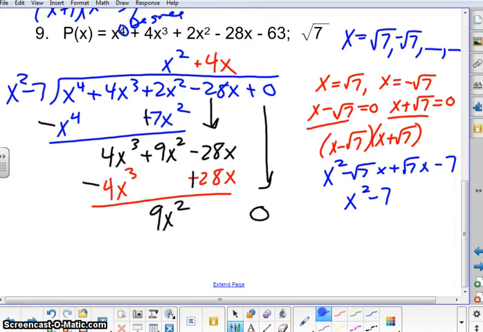And if we bring down that 0, not much is going to happen there, but x squared times 9 is going to give you 9x squared. So we have 9x squared, and then minus 63. So when we add those together, what do we get? Minus and then plus.